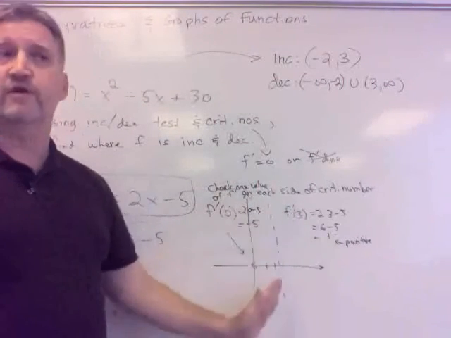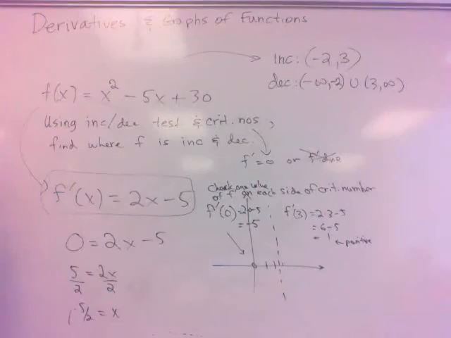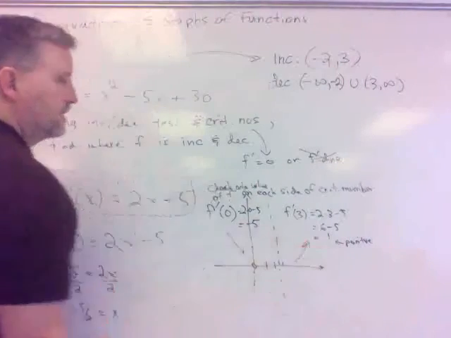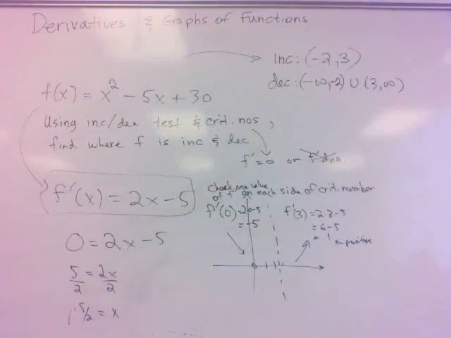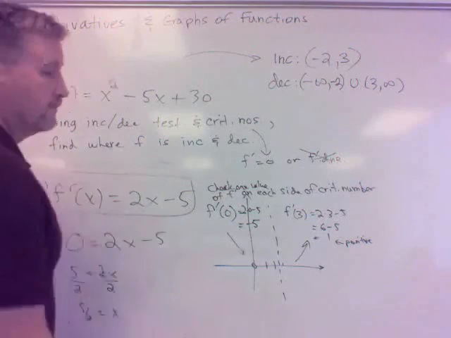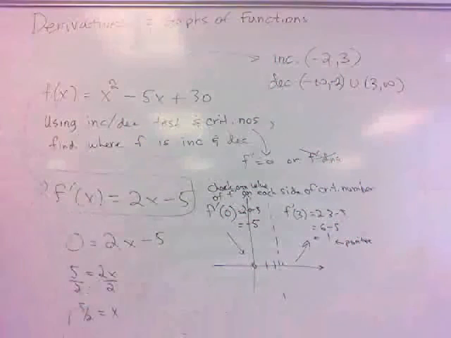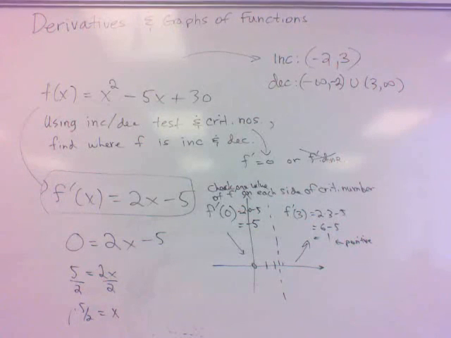Because the critical number is where it divides up. So the slope is positive, so it's a general upward trend to the right of 5 halves, okay?